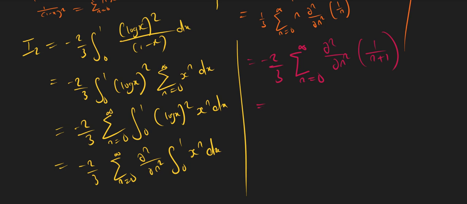Okay, so this will be negative 2/3 the sum as n runs from 0 to infinity of what? We have a factor of 2 at the top there, so you have 2 over n plus 1 all cubed. So that would be negative 4/3 times the sum as n equals 0 to infinity of 1 over n plus 1 all cubed.